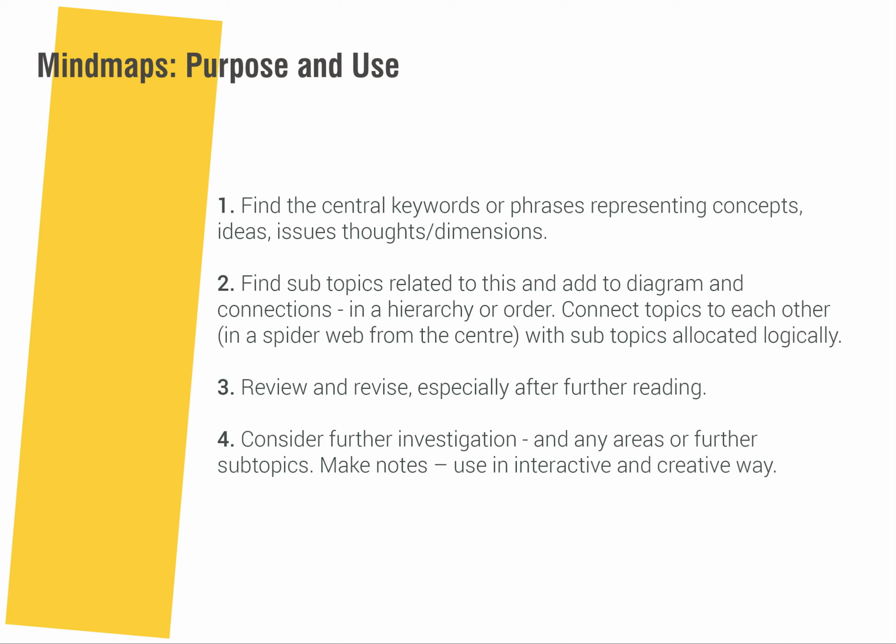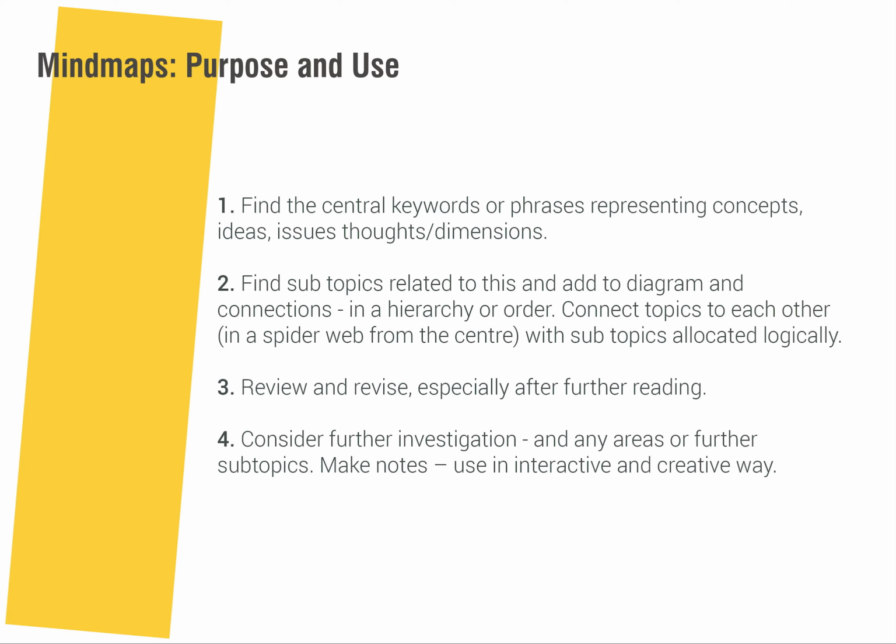So these can be concepts, ideas, or issues, or thoughts, or dimensions. But the key thing is to have simple words or phrases and to find a central phrase. Actually, that could be a question. It could be a research question. So this can be used to identify sub-questions and research questions if you want to give it that orientation, but it doesn't have to have that.